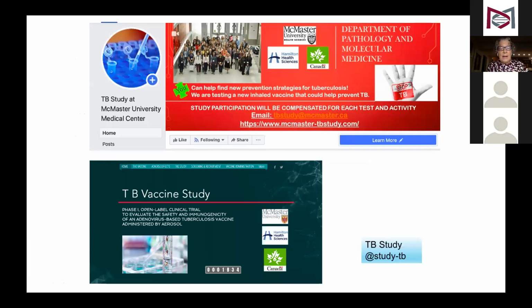Now, we are currently about 2/3 of the way through enrolling the TB vaccine administered by aerosol. We are still looking for volunteers, so I've just put up the poster here.